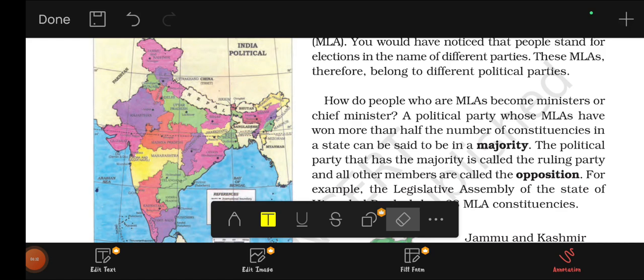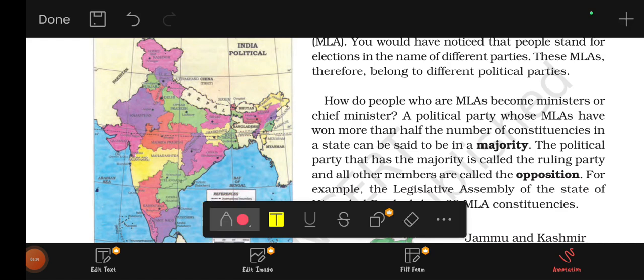And someone among this party will be nominated as the chief minister of that particular state, and the party which has the majority will be called the ruling party, and the other parties will be called the opposition.